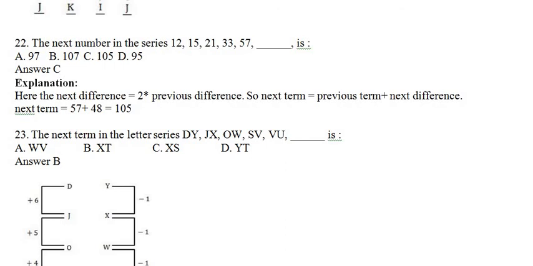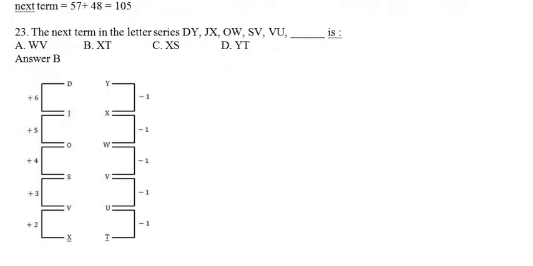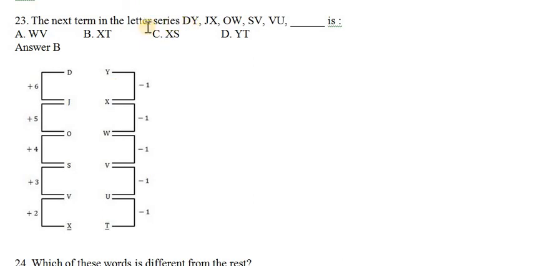Okay, and the next question is the next term in the letter series DY, JXOW, like that they represented. If you look at D and then J, the first letter of every group, the difference is decreasing. 6 letters between this one and 5 letters between, like that. So here 2 letters, so next should be 1 letter. And the second letter is 1 letter before the previous one.